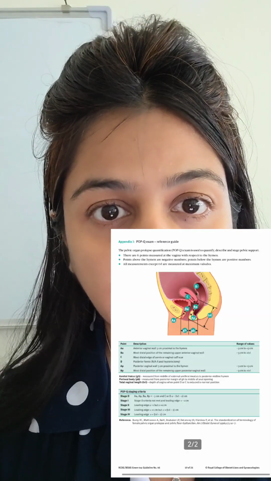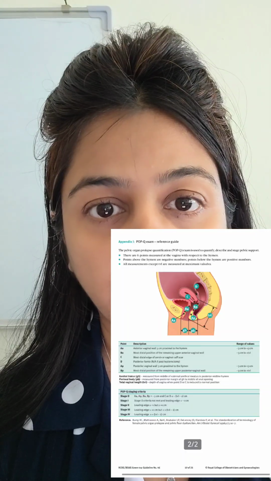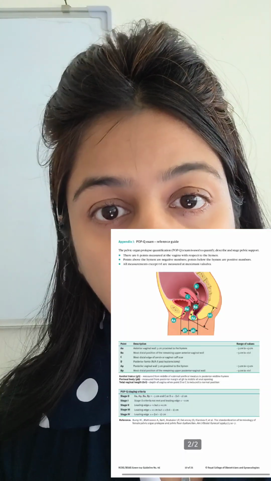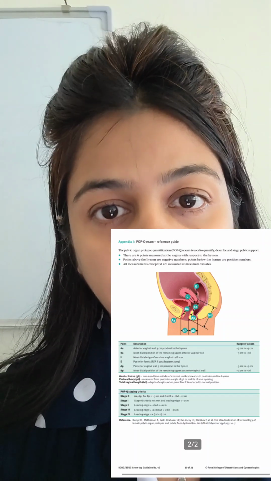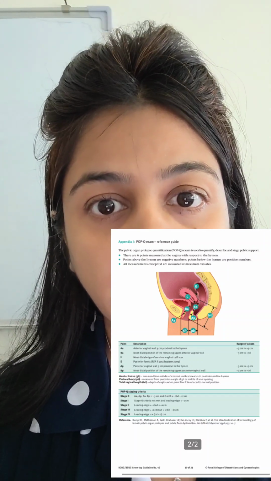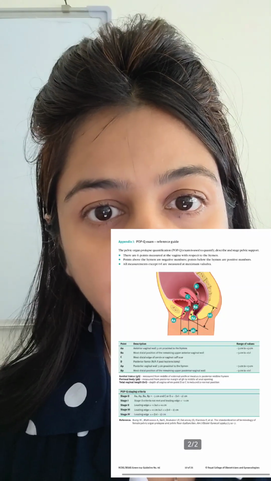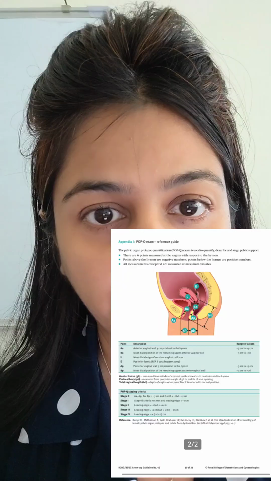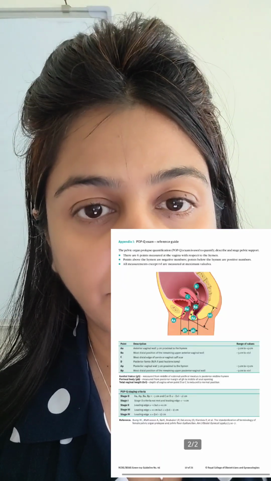Everything in this diagram is revolving around the hymen, so the measurements are taken with the hymen as a base. So any measurement above the hymen is a negative number, and any measurement below the hymen is a positive number.